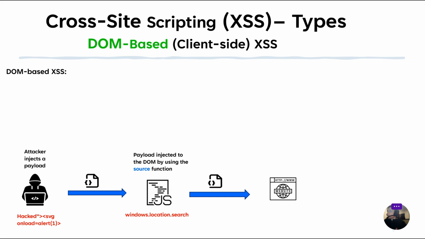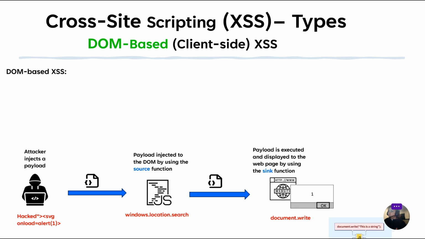The payload is then executed when the data is read from the DOM and displayed to the web browser using the sink function. So let's repeat. The attacker is injecting the payload. This is the payload.